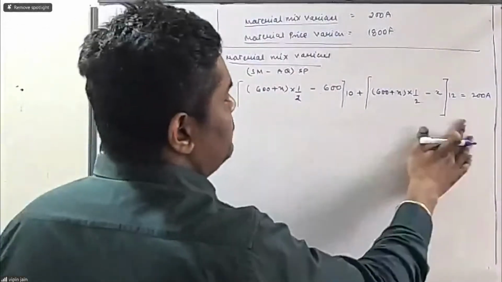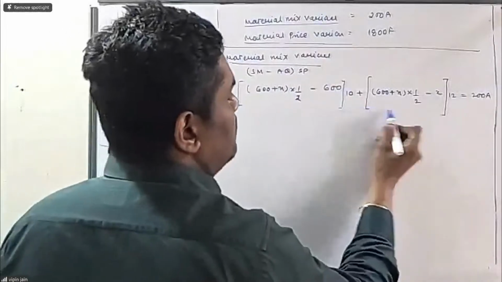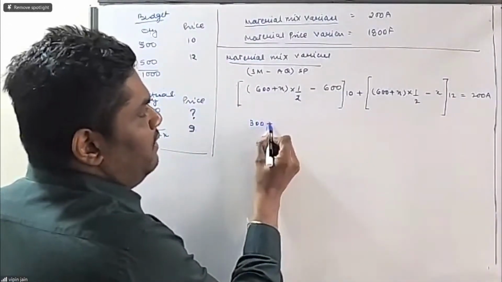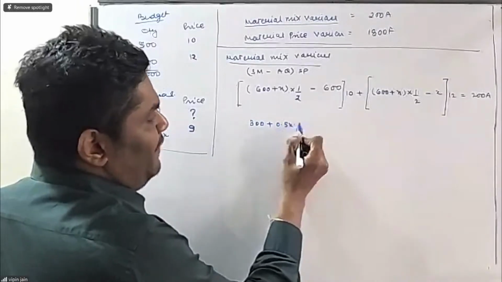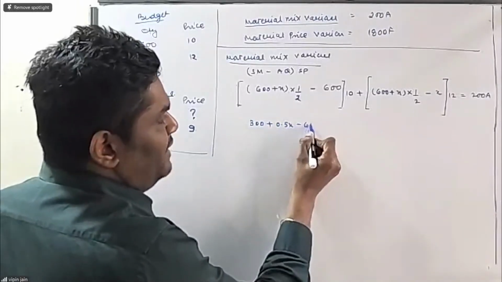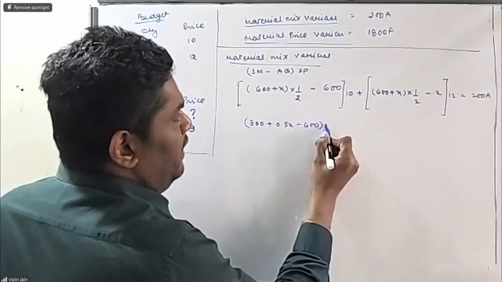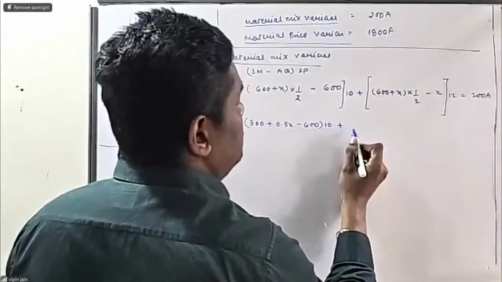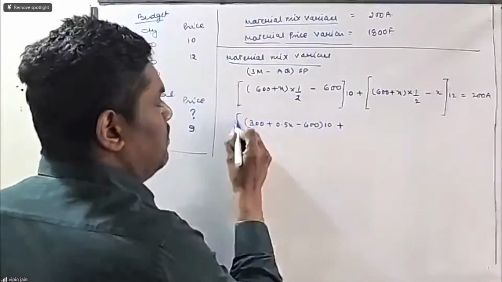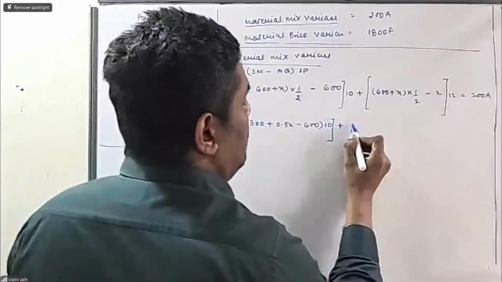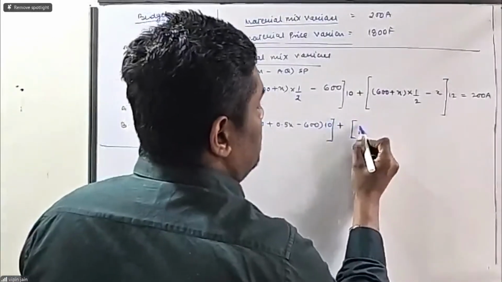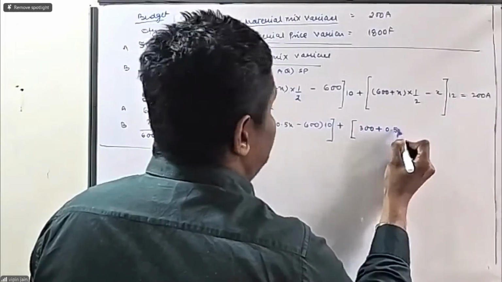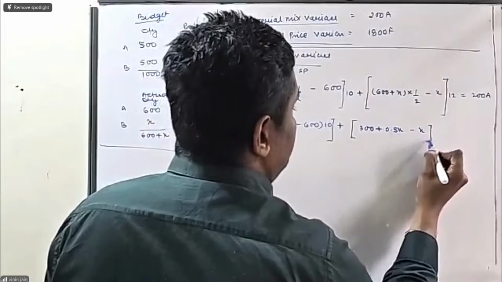So now let's solve this part, wherein (300 plus 0.5x minus 600) into 10 plus (300 plus 0.5x minus x) into 12.